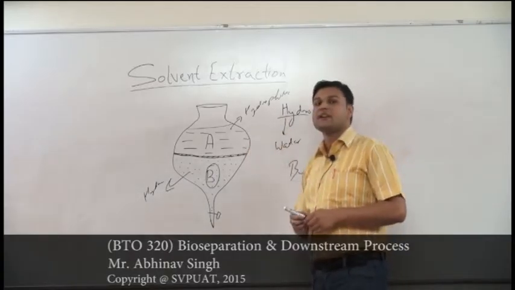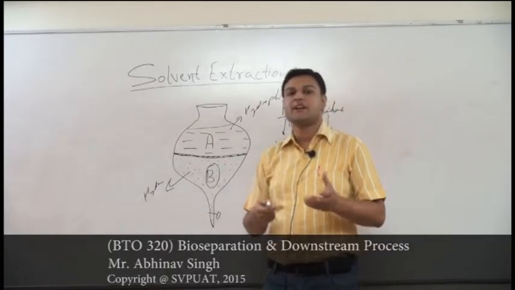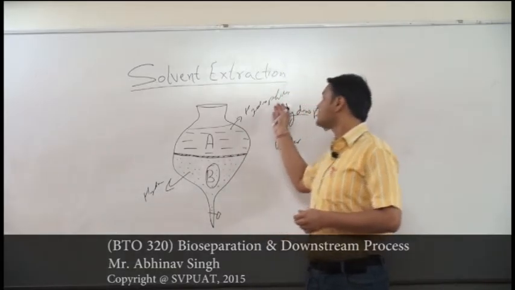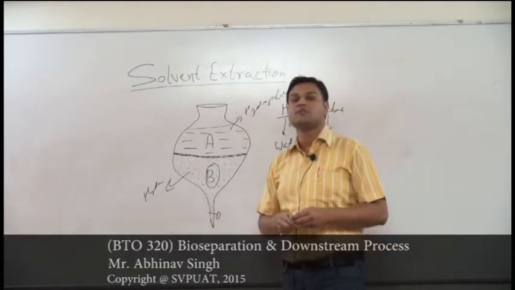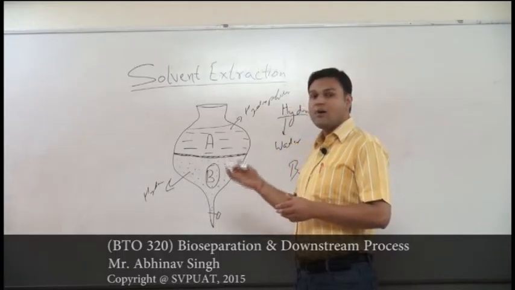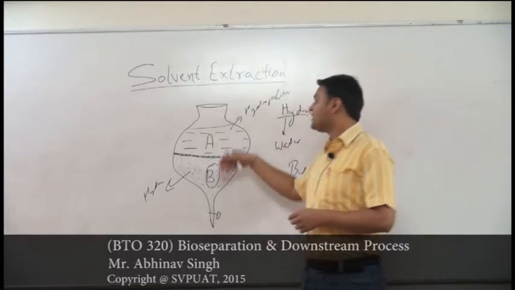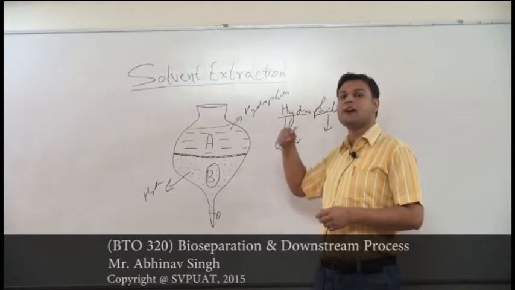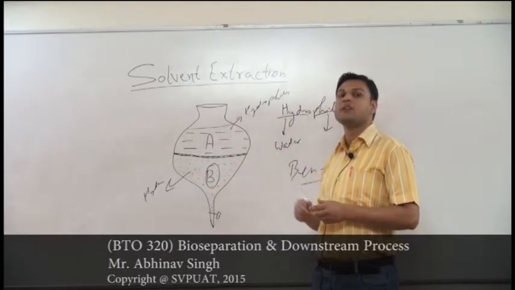If we have added certain proteins, amino acids or other molecules, they will separate on the basis of their hydrophobicity or hydrophilicity. How? If they are more hydrophobic, they will be completely dissolving into the B phase, or if they are completely hydrophilic, then they will be completely dissolving into the A phase.